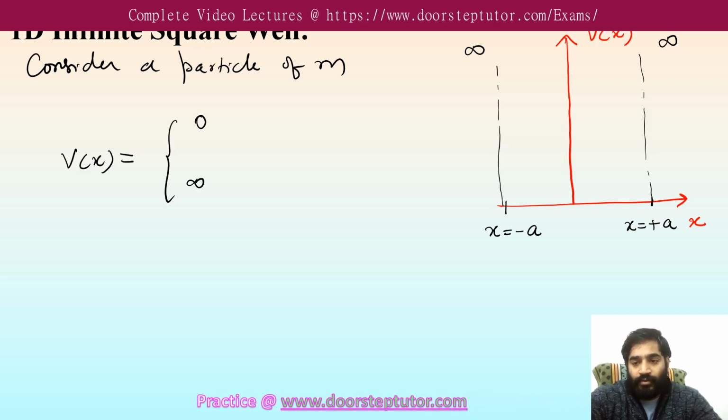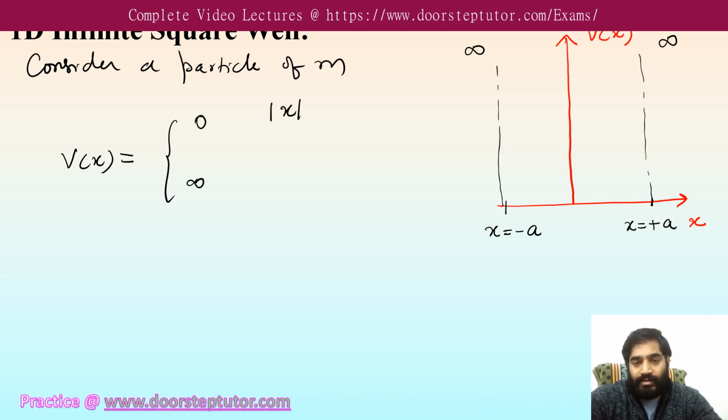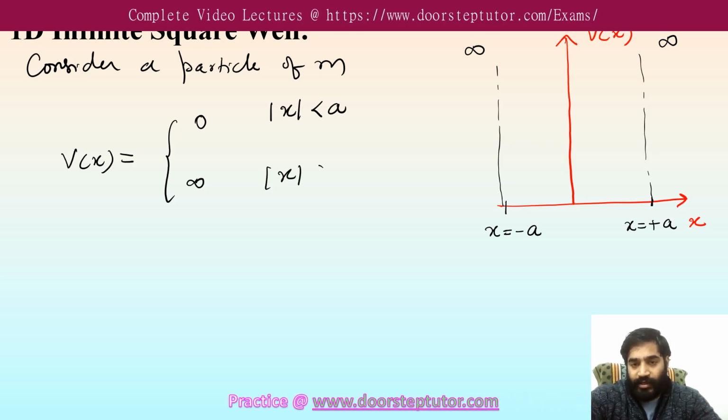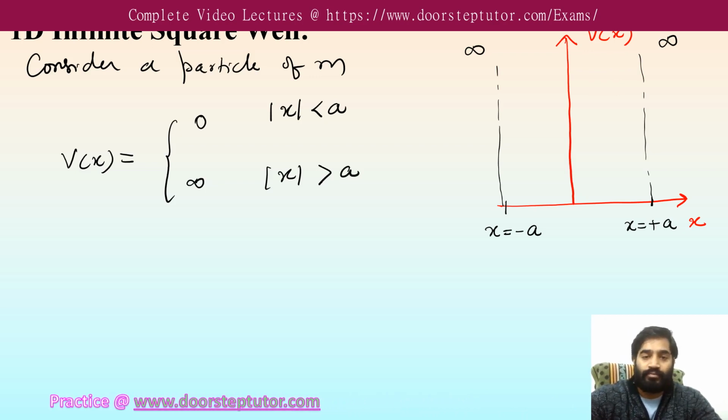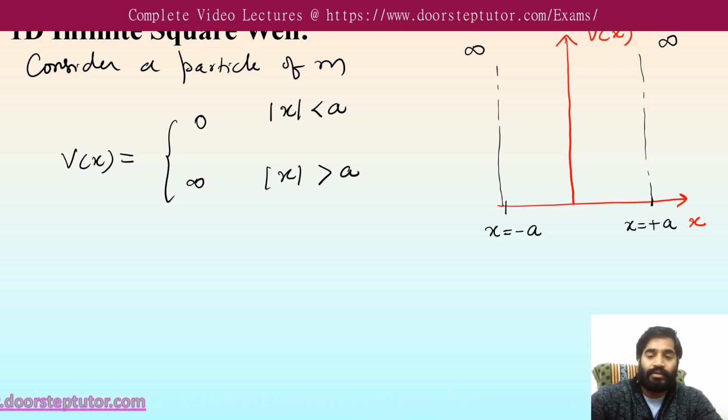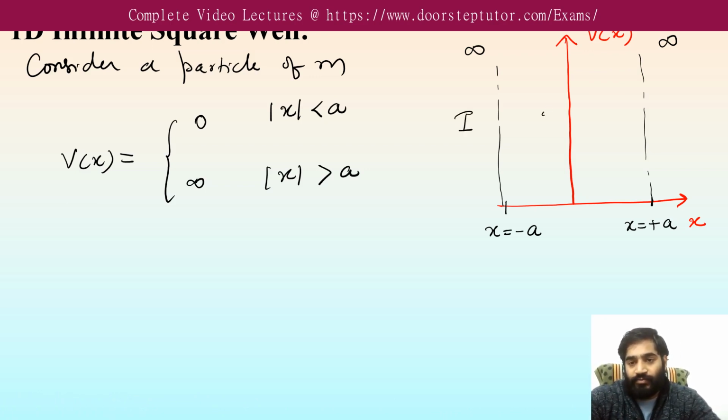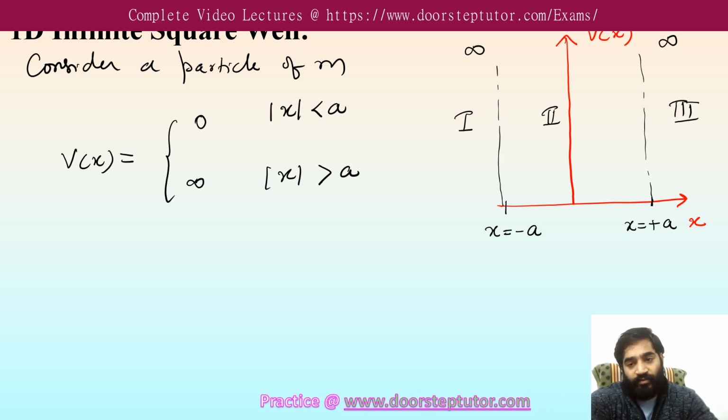It is 0 when mod x is less than a, meaning it is inside the well, and when mod x is greater than a, then it is infinity. Clear? So this is the potential well. Now we define three regions: first, second and third. The first and third regions are outside the well and the second region is inside the well. So it's a one-dimensional infinite square well potential.